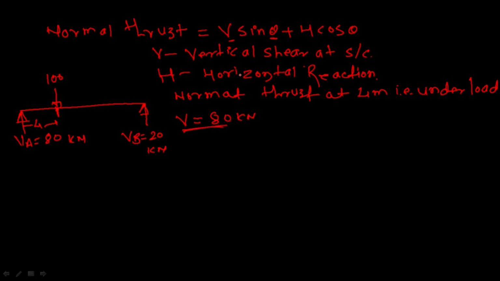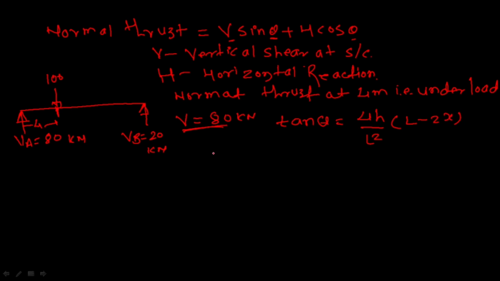Now the unknown is theta. For that we know the equation: tan theta is equal to 4h by L square into (L minus 2x). Here x is the location of the normal thrust.